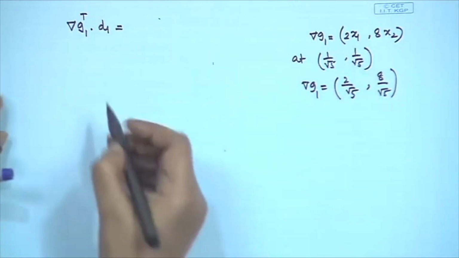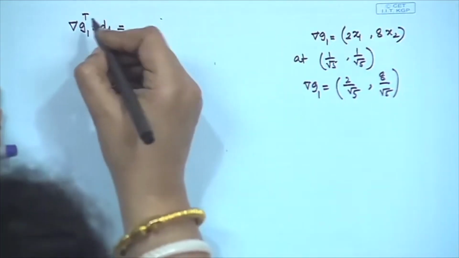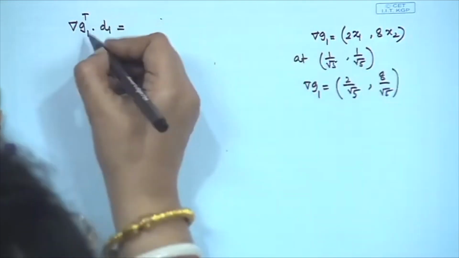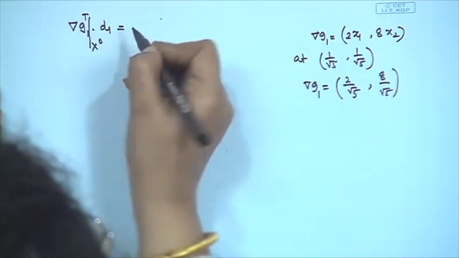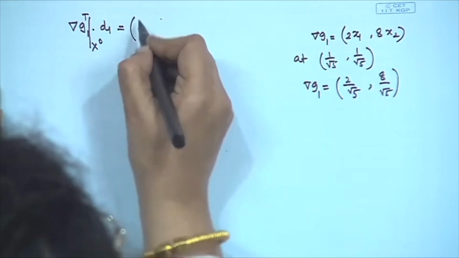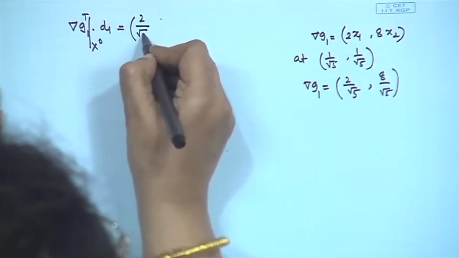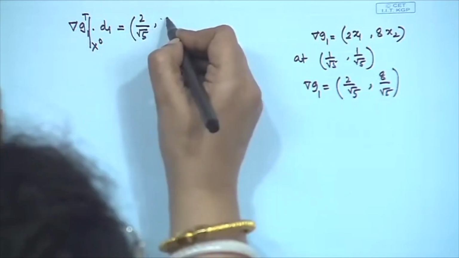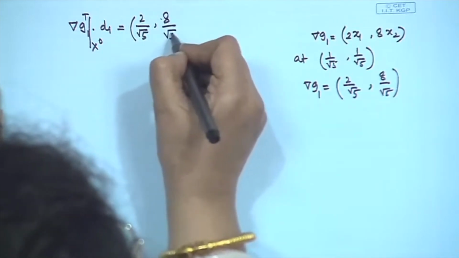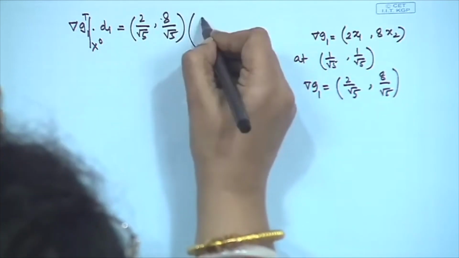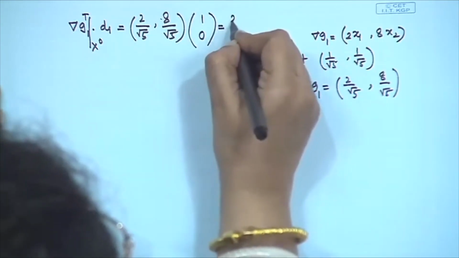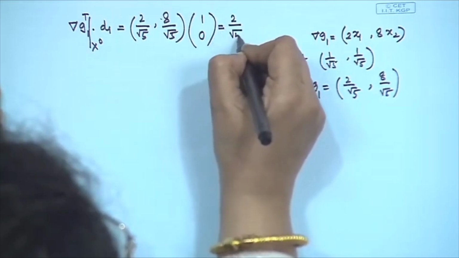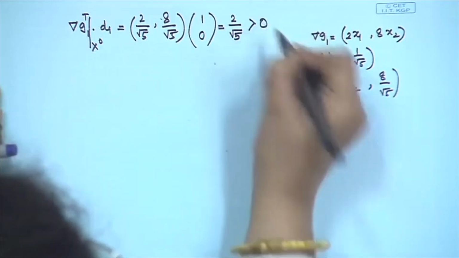That is why grad G1 at point x naught, in the D1 direction, would be equal to 2 by root 5, 8 by root 5, and my D1 direction is 1, 0. That is why we can say this is equal to 2 by root 5. This is greater than 0.